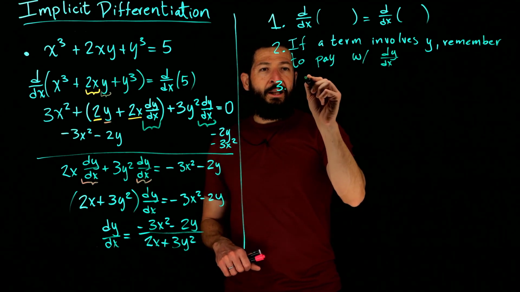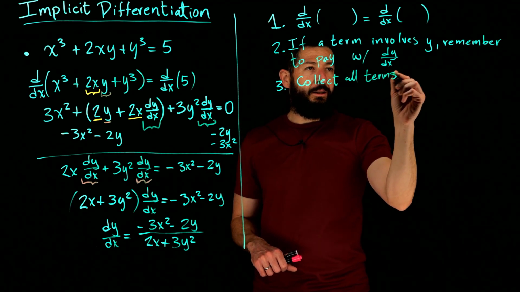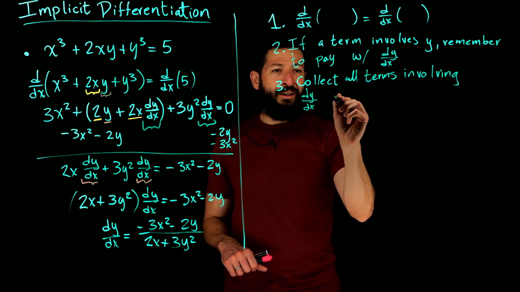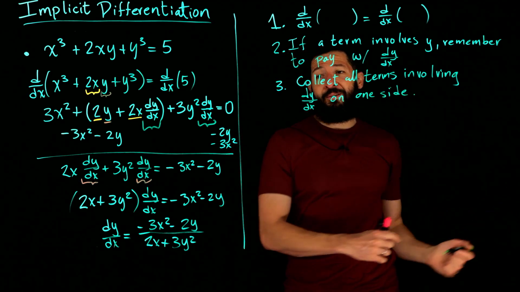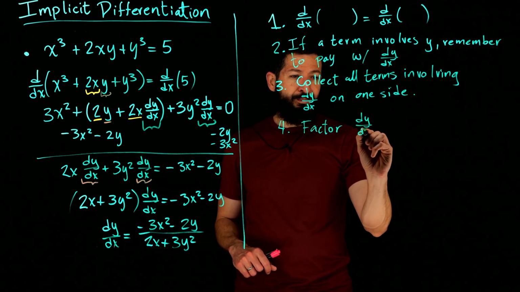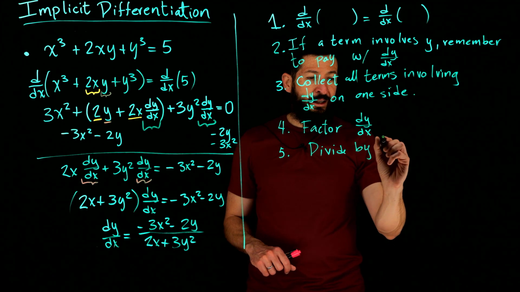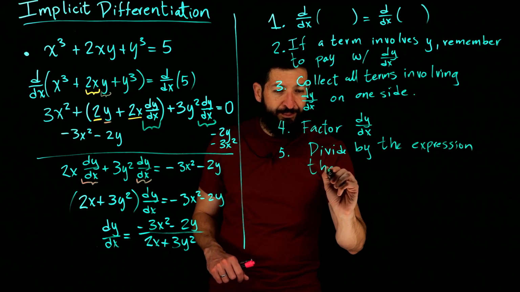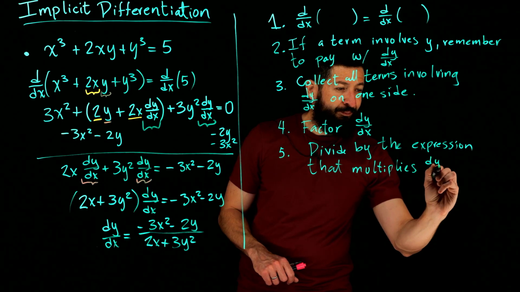Then 3, collect all terms involving dy/dx on one side, and I'm not going to write this because it'll take too long, and move the other ones to the other. 4, factor dy/dx, and then 5, divide by the expression that multiplies dy/dx. That is just to solve.